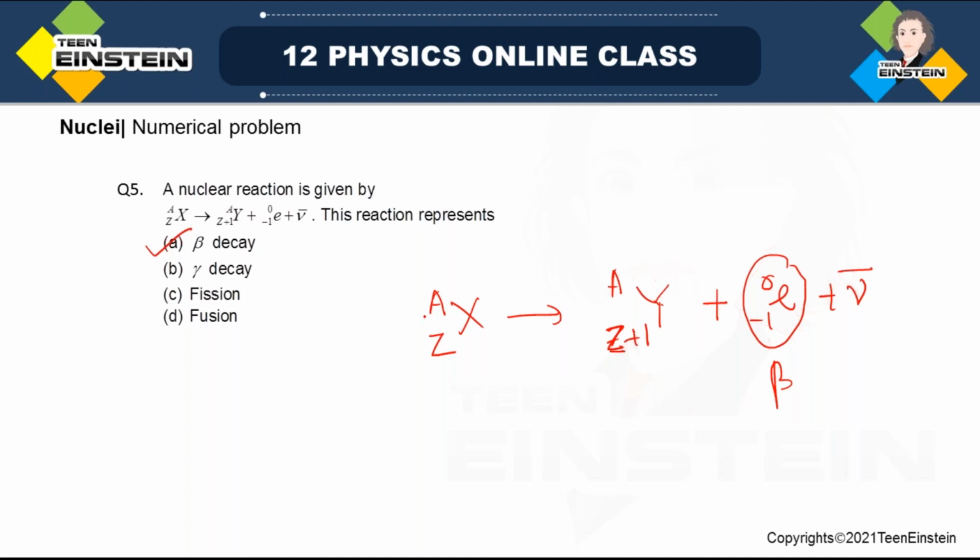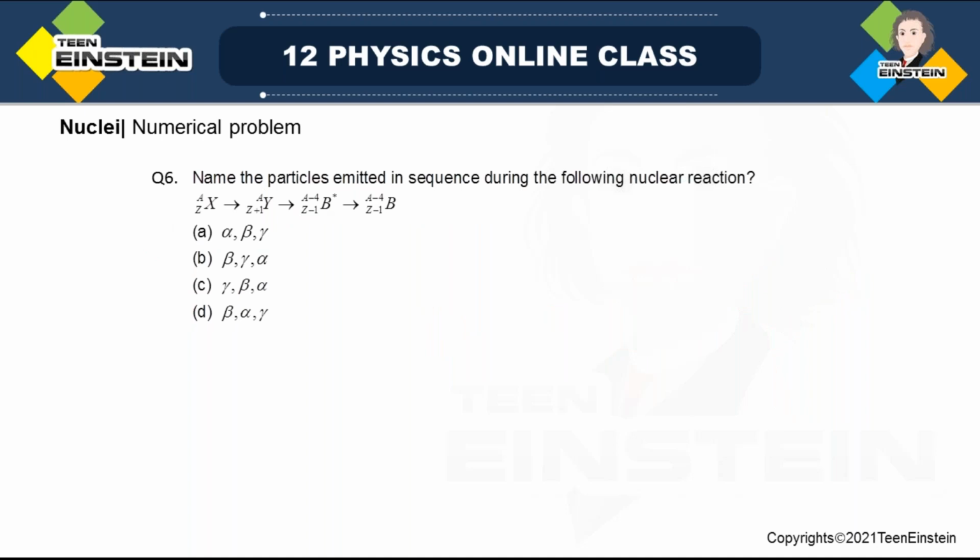We'll go to the next question. So this question is also from alpha, beta and gamma decay. Look at this reaction, I'll write here in bigger font. X, Z, A. There is some decay, some particle, whether it is alpha, beta, gamma, I don't know. I'm not writing anything over here, but some particle decay is happening, because of that this change is happening.